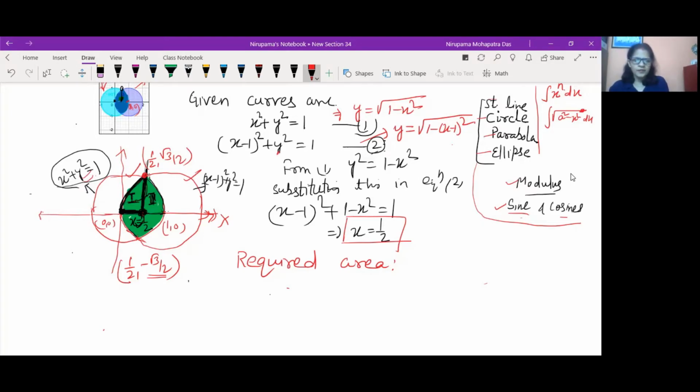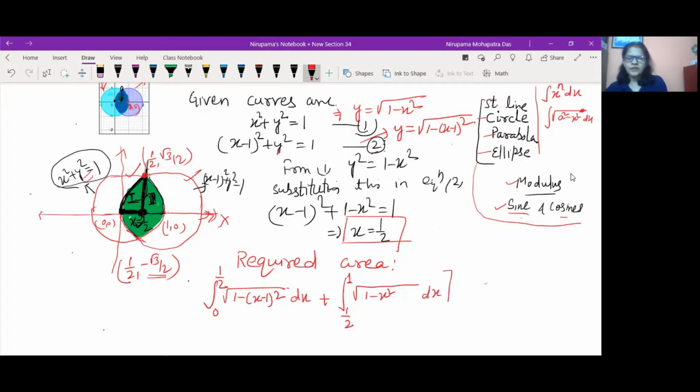So required area is the integral of the first part, from 0 to 1 by 2, bounded by which circle, it is under root 1 minus (x minus 1) whole square. Now coming to the area of the second part, plus, it is 1 by 2 to 1, and bounded by the circle which is attached to this portion, that is under root 1 minus x square.